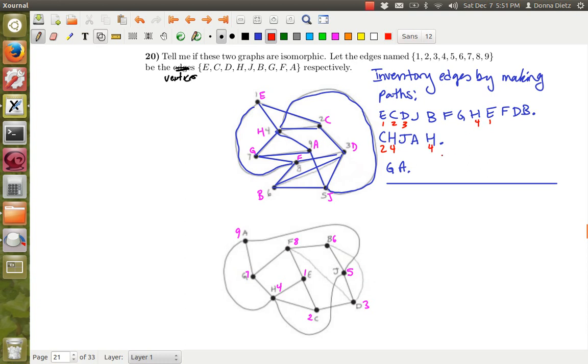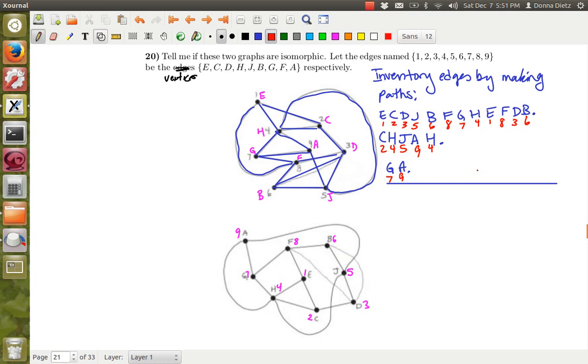J is 5. B is 6. G is 7. F is 8. And A is 9. And that's okay, I forgot D. D was 3.